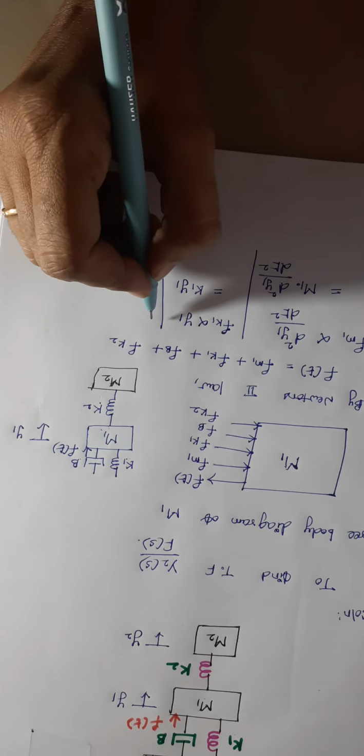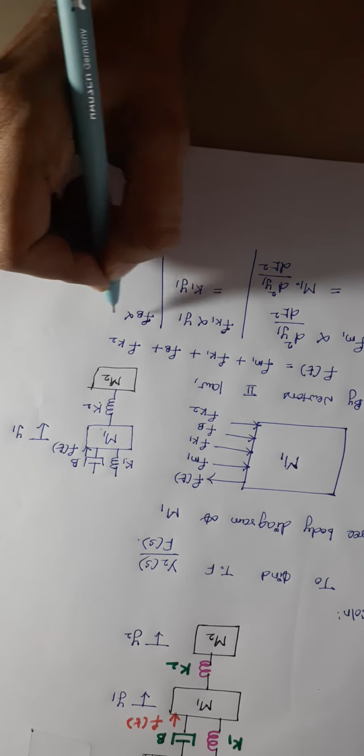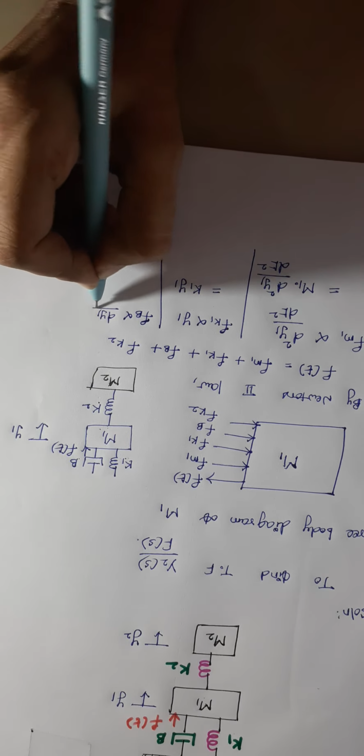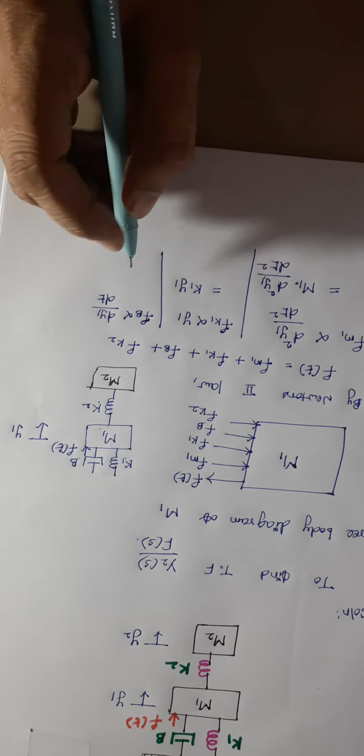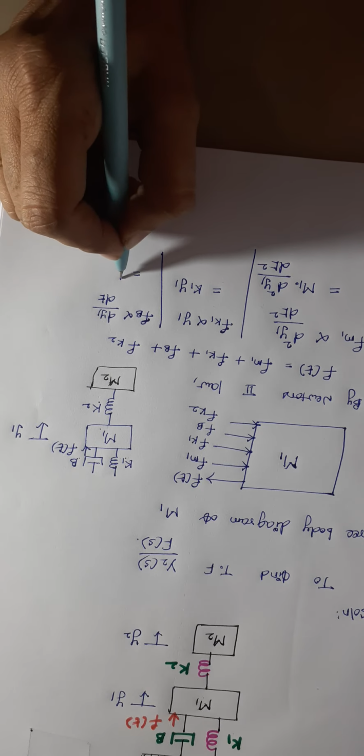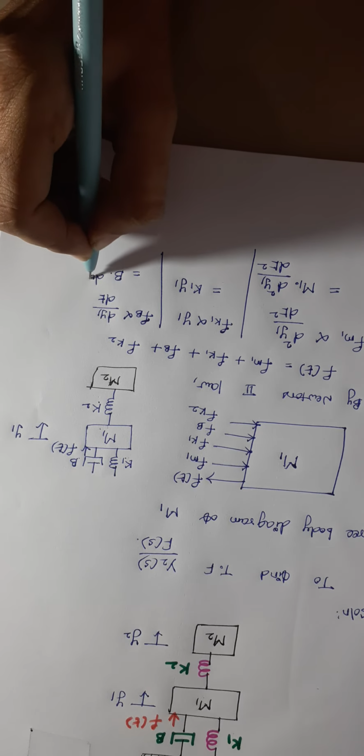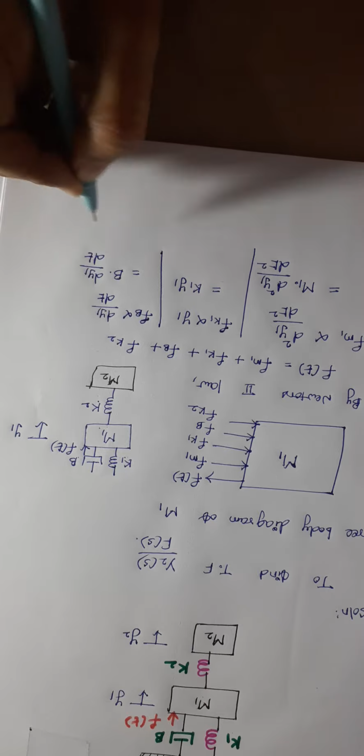The next one is f_b, which is proportional to dy1/dt, so with the proportionality constant it becomes b times dy1/dt.